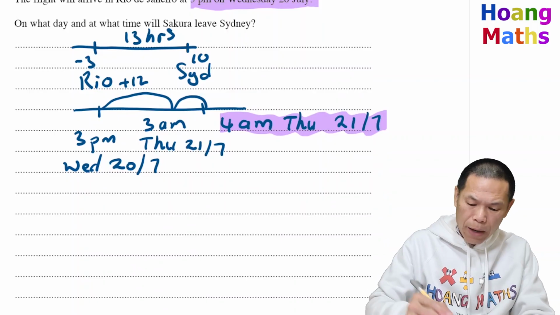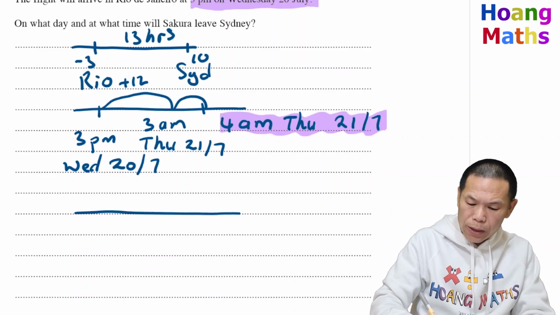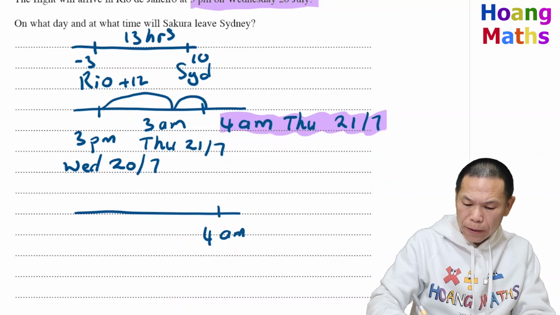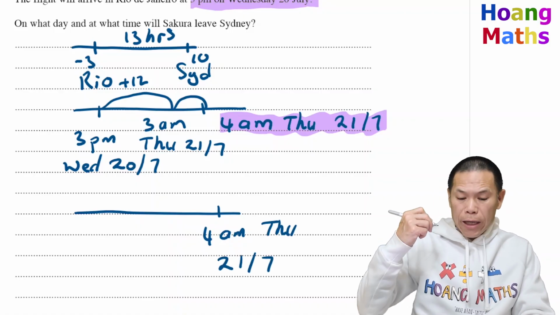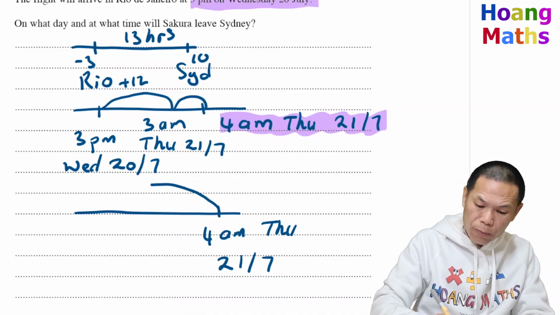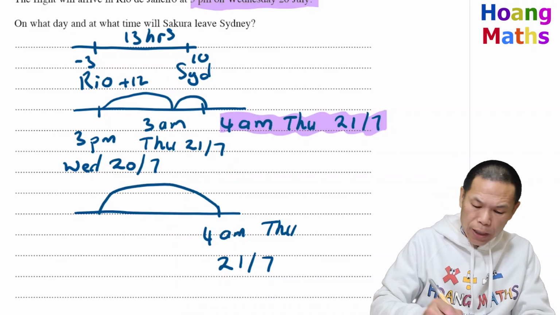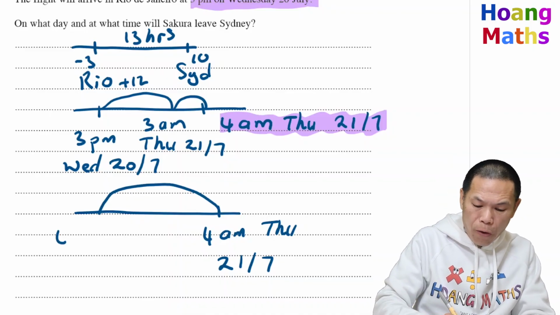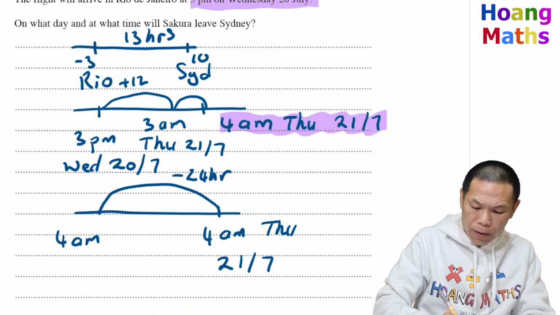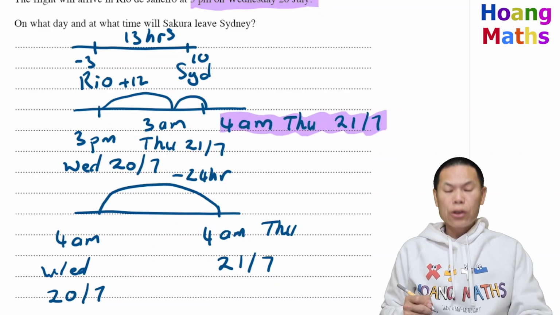Sydney here is 4 a.m. Thursday, 21st of July. If we go back 24 hours, that will give me 4 a.m. Wednesday on the 20th of July.